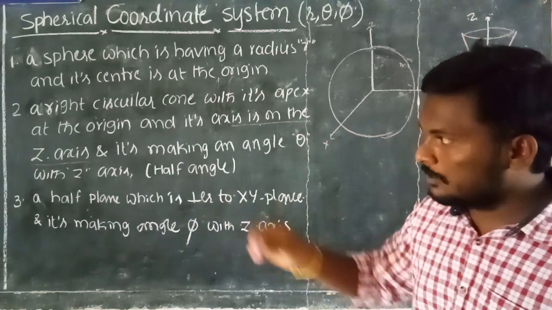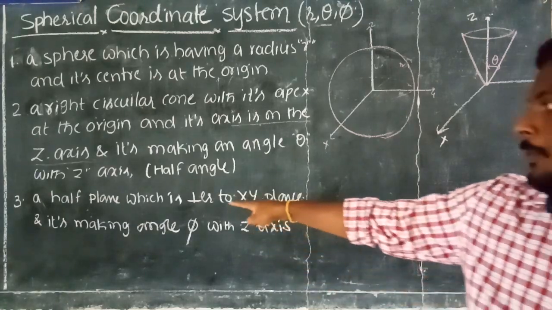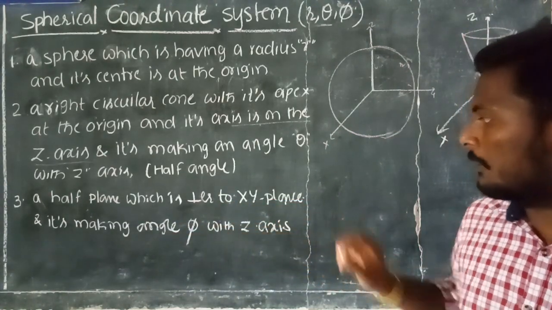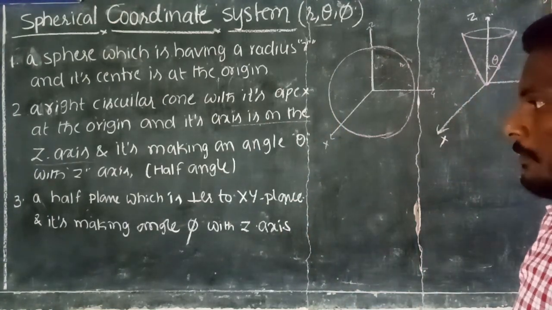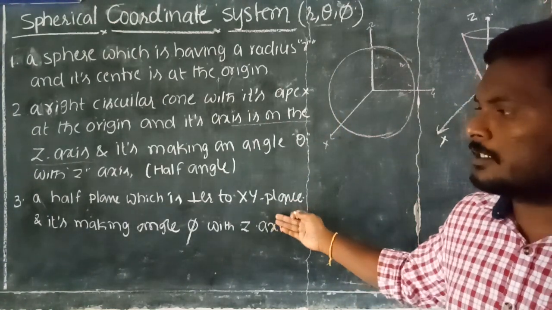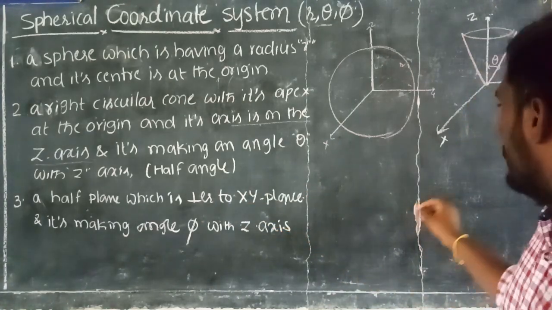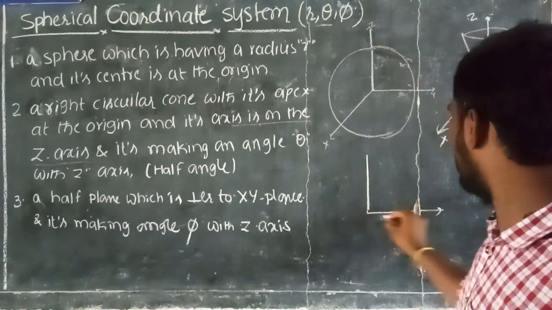Okay. Now what is the third surface? It is a half plane which is perpendicular to the xy plane and it is making an angle phi with the x axis. It is the same as in the cylindrical coordinate system. In the cylindrical coordinate system also the third surface is the same. So how are you going to draw the third surface?